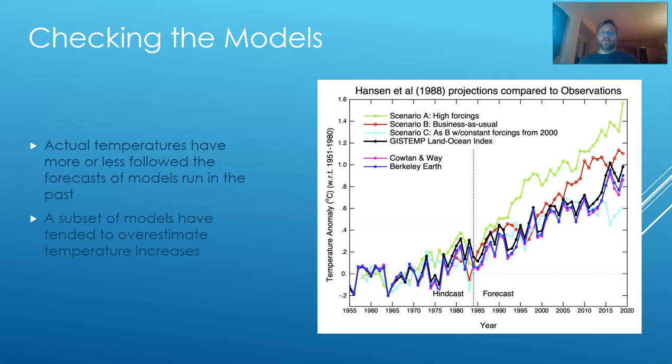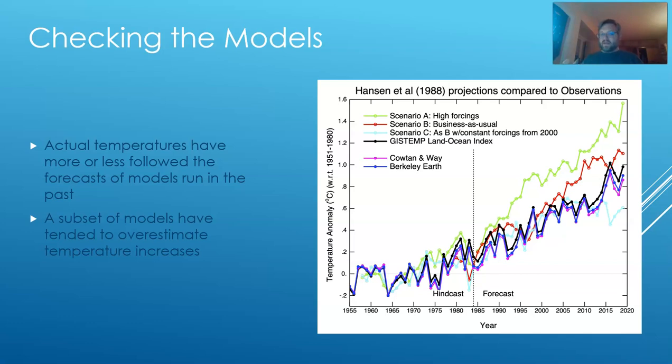So the diagram here is looking at forecasts made in Hansen et al. 1988. It was a very important early paper on climate change that really put some of these projections of seriously increased temperature on the map. What you've got here is the colored lines showing the scenarios as projected by Hansen et al., and then the black line is our actual observations.